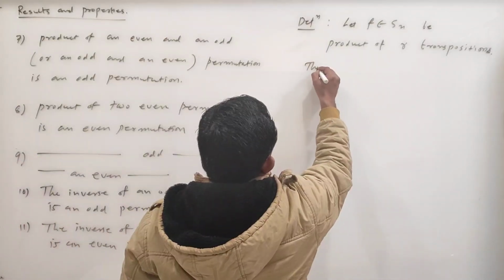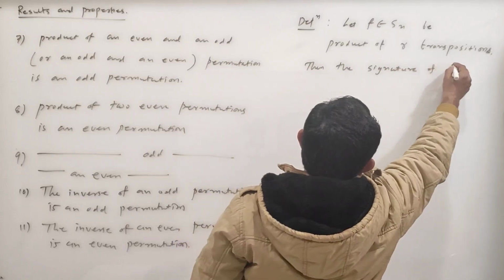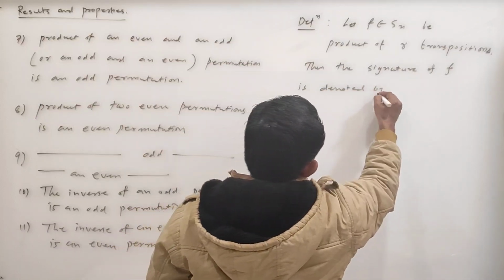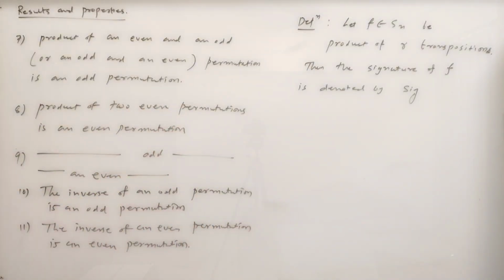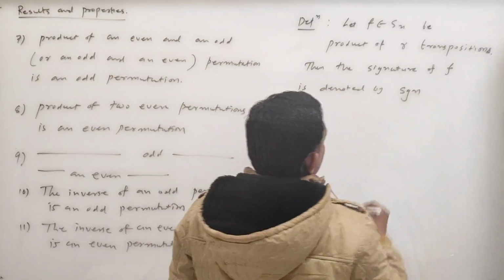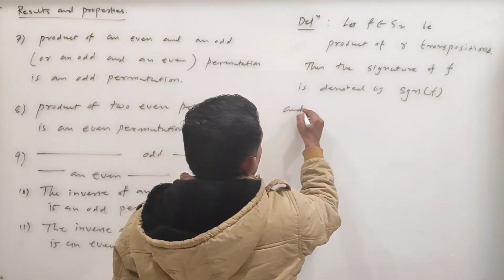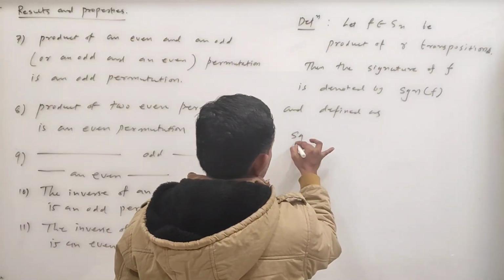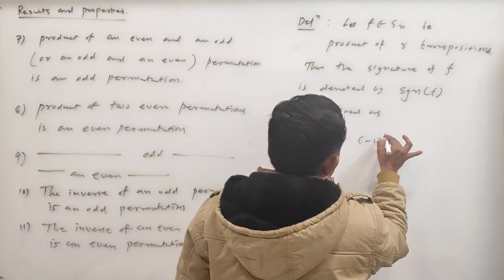Then the signature of f is denoted by sgn f, and defined as sgn f equals (-1) to the power r.